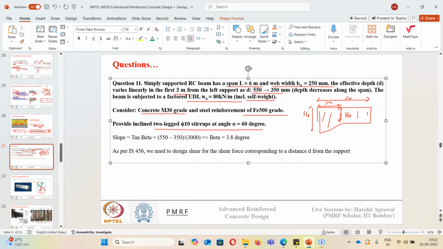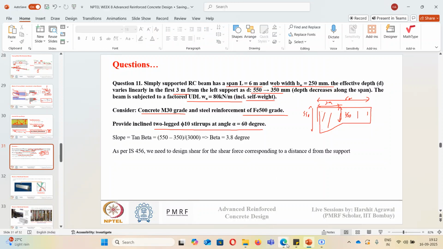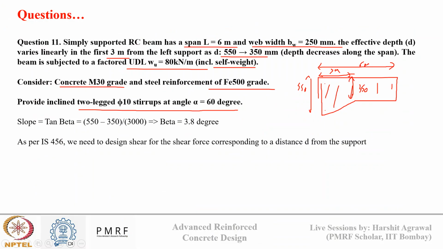So how will I determine the shear force? We know it is a uniformly distributed load. So this is my beam, with a uniformly distributed load which I will denote as Wu, and the total length is L.